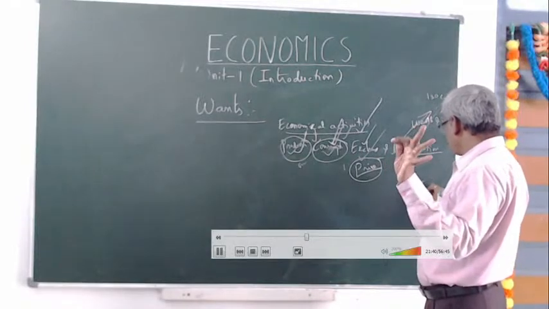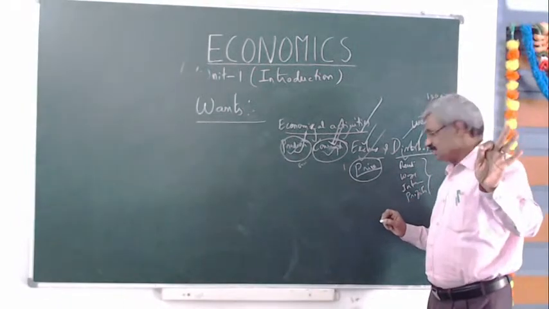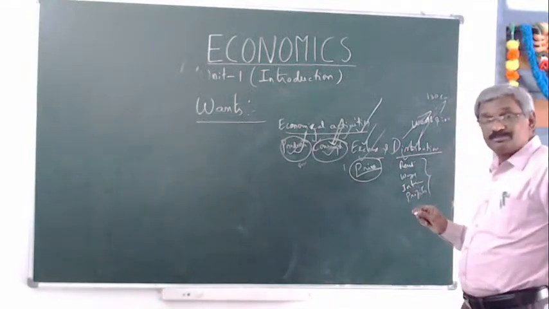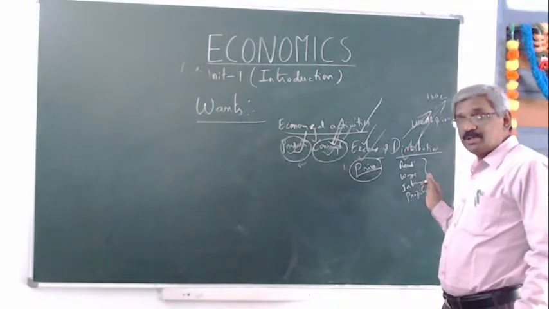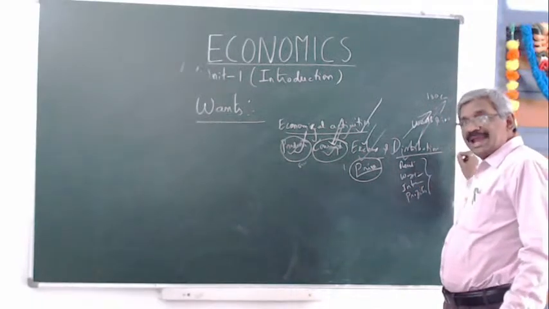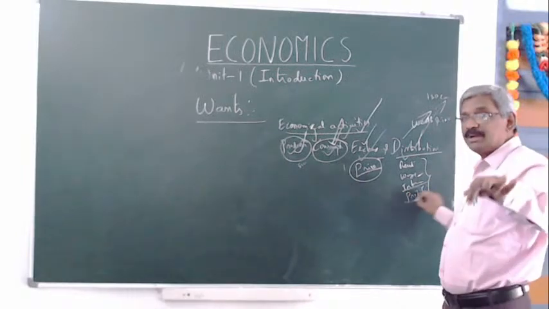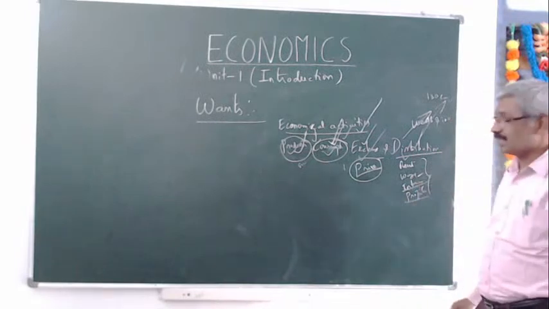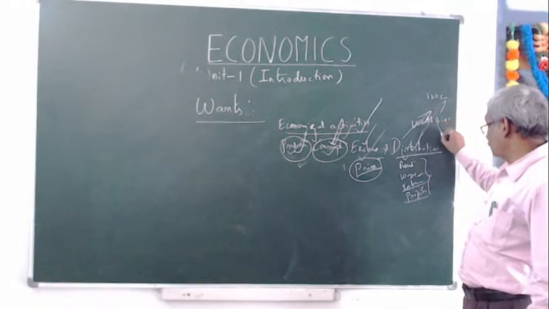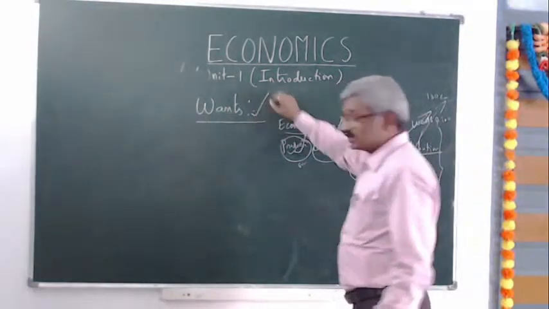Rent is the reward given to land, wages are rewarded to labor, interest is rewarded to capital, and profits are rewarded to the organization. These four are the very important distribution concepts.